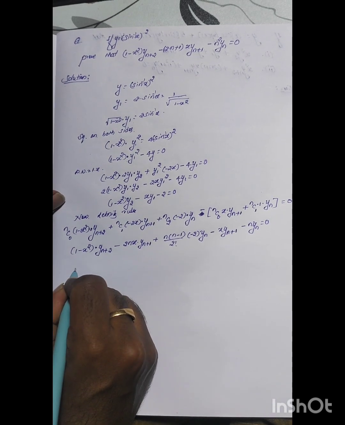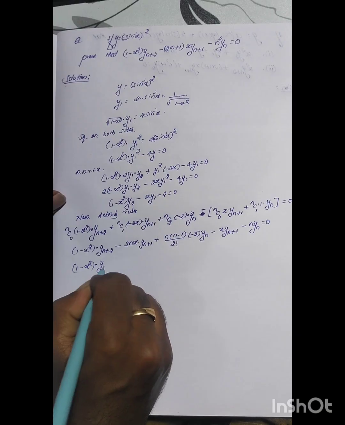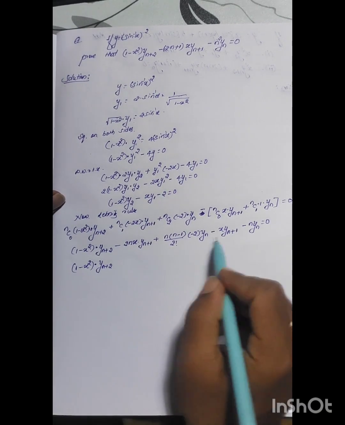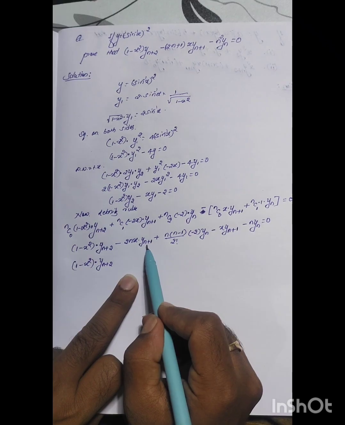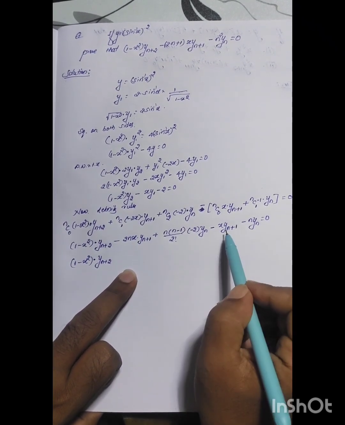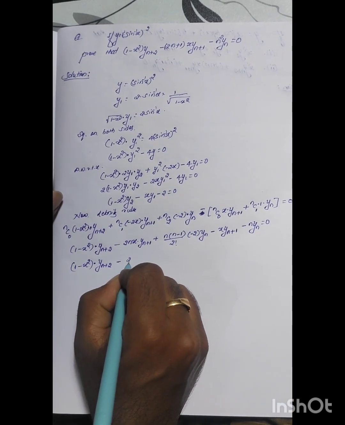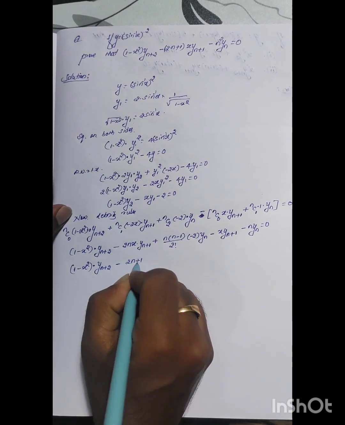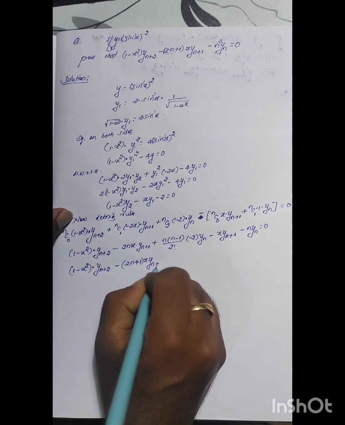Okay, so on further simplification, 1 minus x square into yn plus 2. See, observe these two terms here, minus 2n into xyn plus 1 and minus xyn plus 1. So in these two terms I can take minus xyn plus 1 as common, so that will become minus 2n plus 1 into x of yn plus 1.